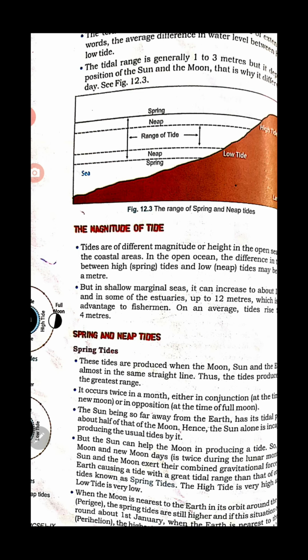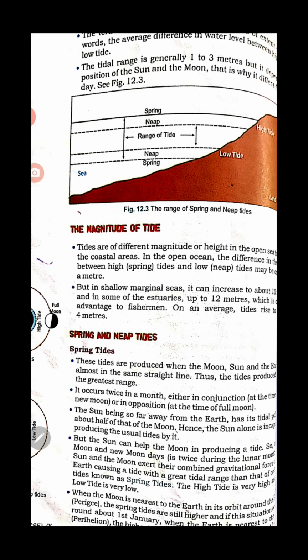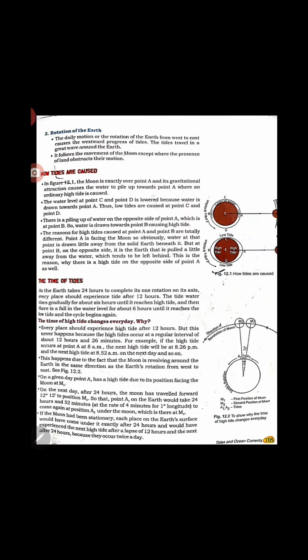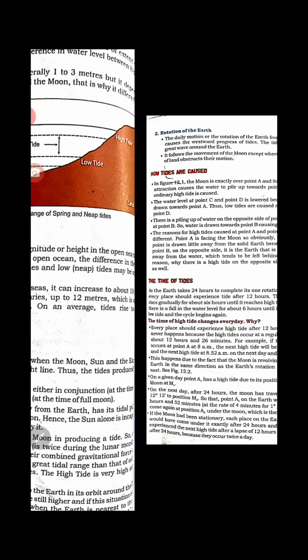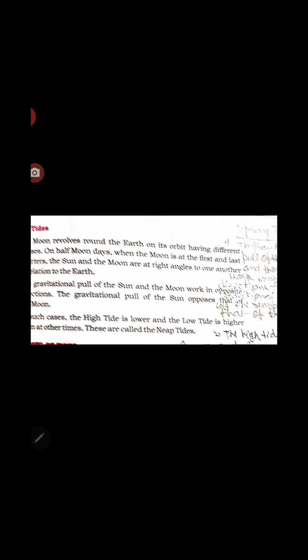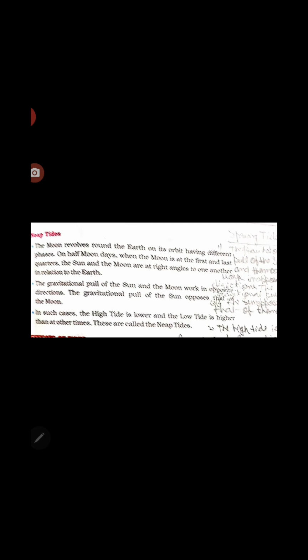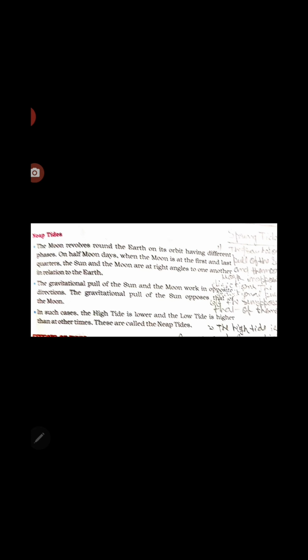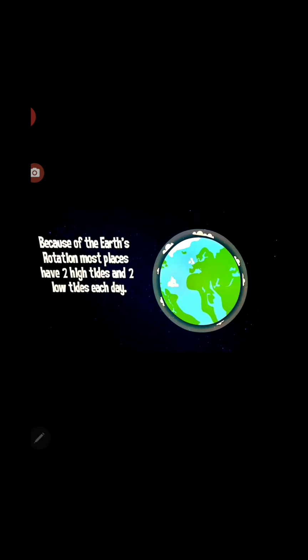Please read it out so that you will understand what spring tide is, and here it is given what neap tide is. You have to read out the points which we have discussed. If you have any doubt, you can ask me in the online class, or call me, or give a message on WhatsApp.